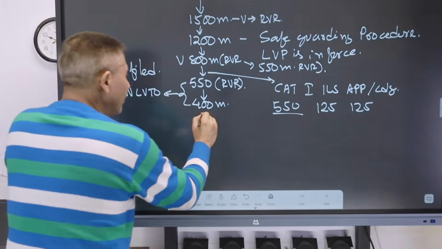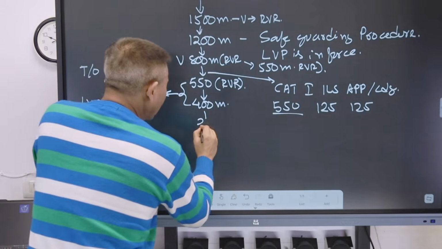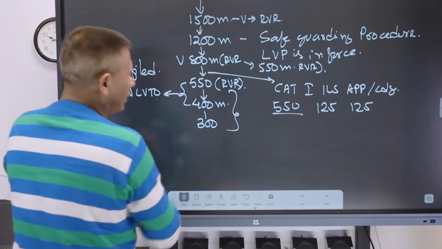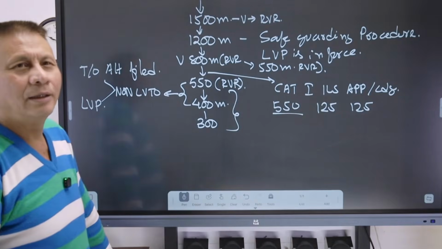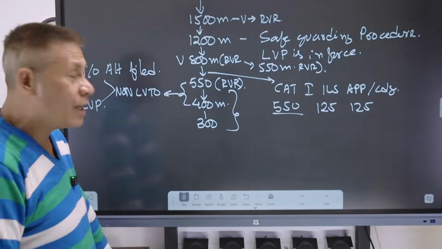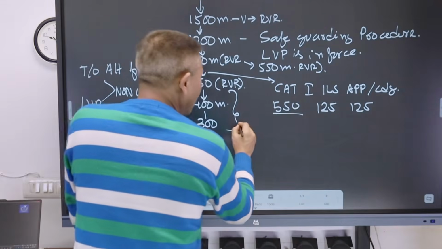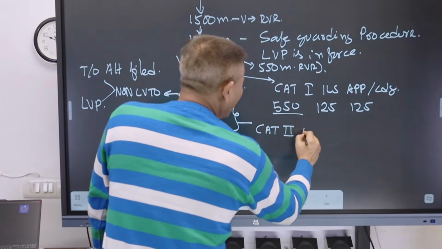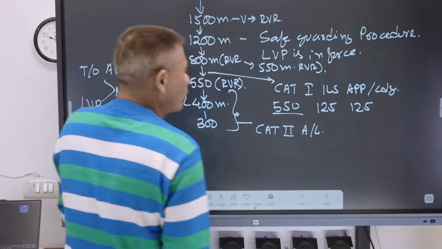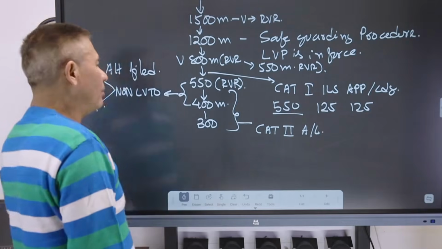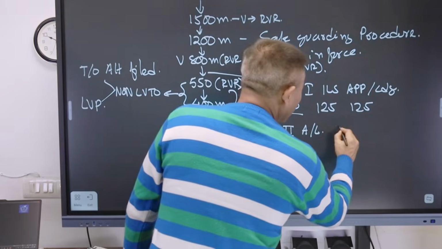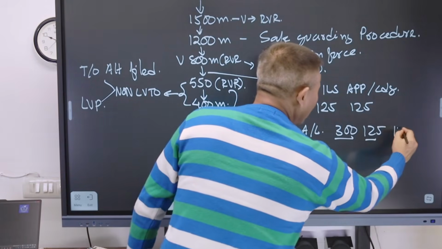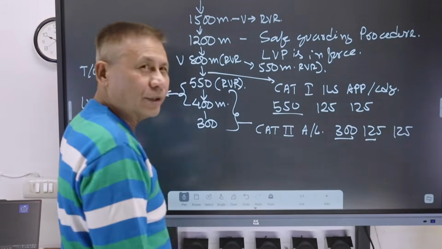Let's move further from 400 to now come down to 300. This is relevant on the right side, that is landing. From 550 meters of RVR to 300 meters RVR, the kind of operation I can carry out is a category 2 approach and landing. So the minimum required is 300 mandatory, 125 again mandatory, 125 not mandatory.